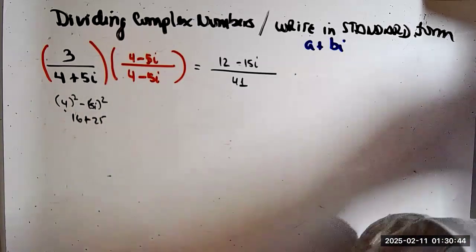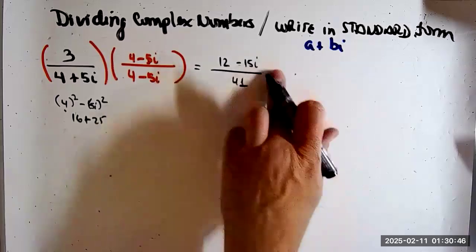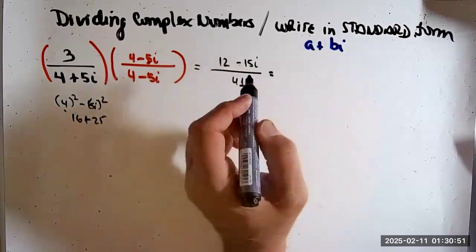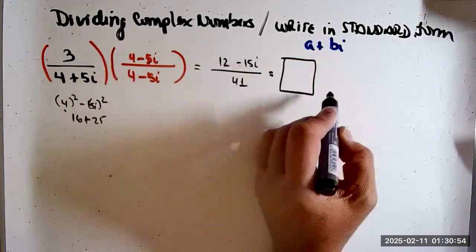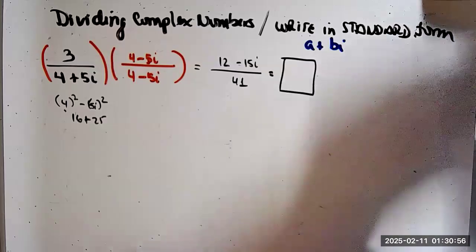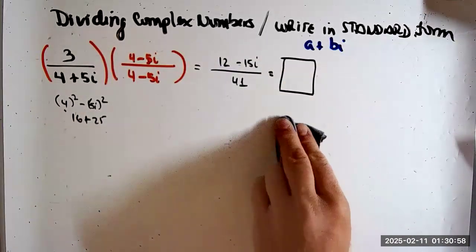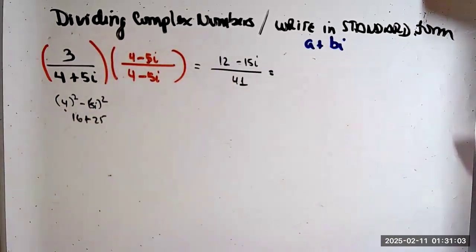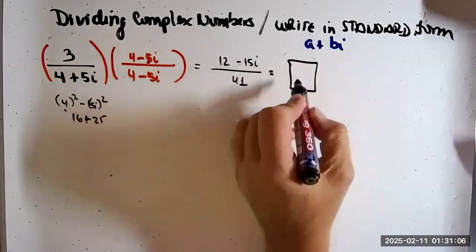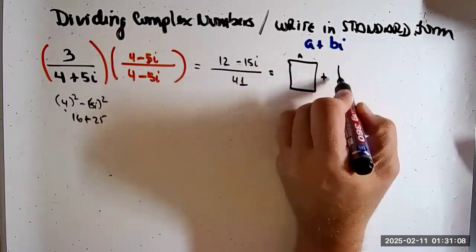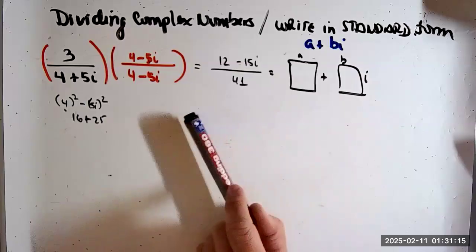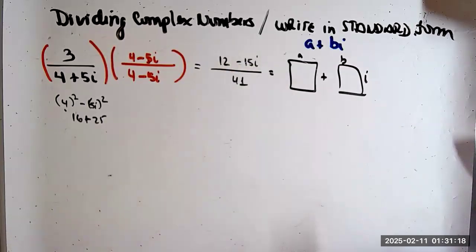If we need to input that information in the computer technology, remember that we need to write in terms of a plus bi. So if I need to separate the a plus bi, the a part will be, of course, 12 divided by 41.